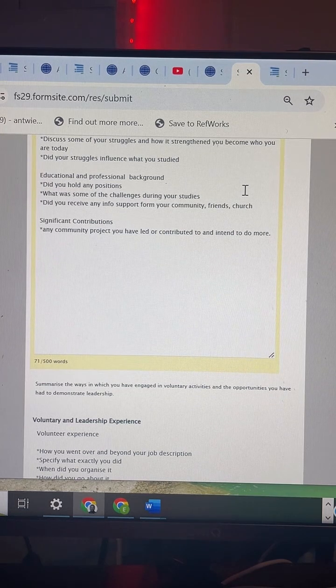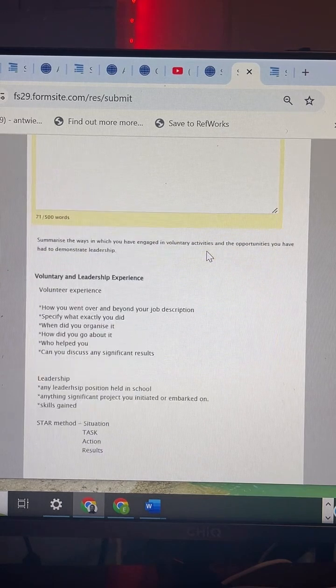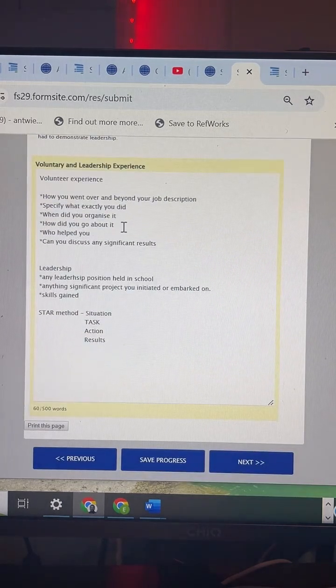Whether you had the opportunity to stand in front of your church to deliver maybe a health seminar, or you went ahead to conduct maybe free screening, these are all significant contributions to society. So you state that you've met all the needed professional experience, maybe the academic grades that they need, and therefore you are a good candidate for this specific scholarship. And so that covers your personal statement.